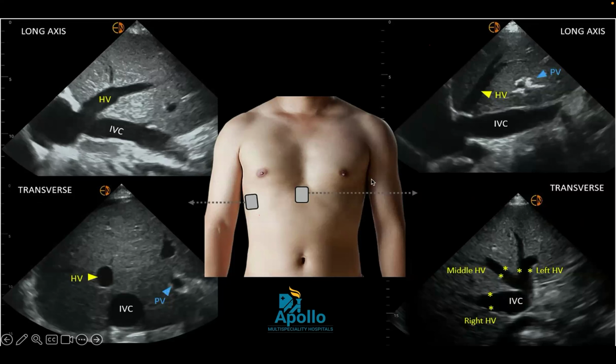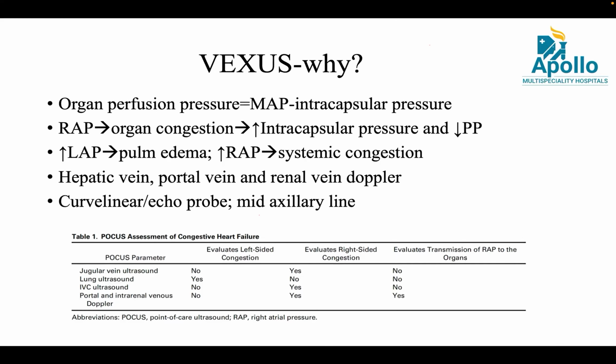So these three veins are sampled for assessing VEXUS. Increased LA pressures cause pulmonary edema. Increased RA pressures cause systemic congestion like liver edema and kidney edema, and these are all causes of congestive nephropathy, congestive hepatopathy, and so on. It can also cause edema of the brain, every tissue that is around.